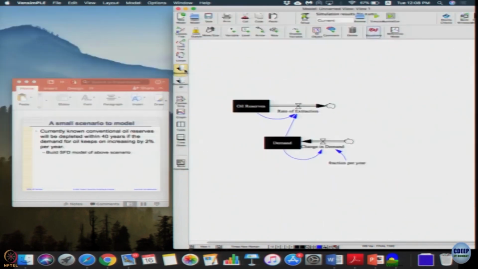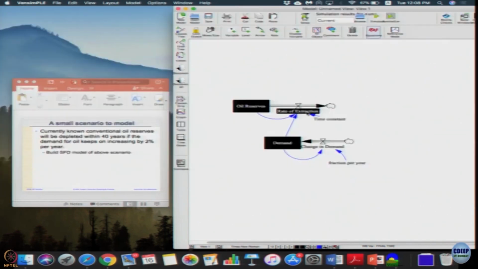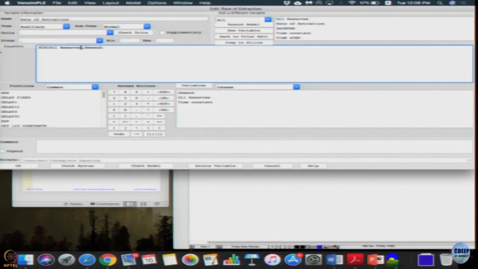So, rate of extraction becomes, I will assume a simple time constant of 1 year. Every year we will take an annual demand. So, let us take a time constant of 1 year just to ensure my units match here.